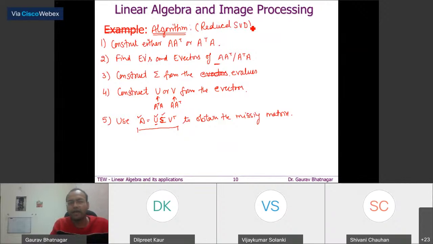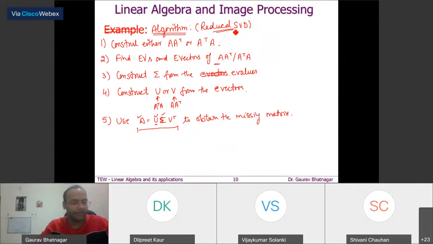There is one more step, step 6, for the full SVD, but since that scenario has little applicability, I am not going into that. So let us stick to the reduced SVD. If you follow this path, you will get the SVD of the A matrix.